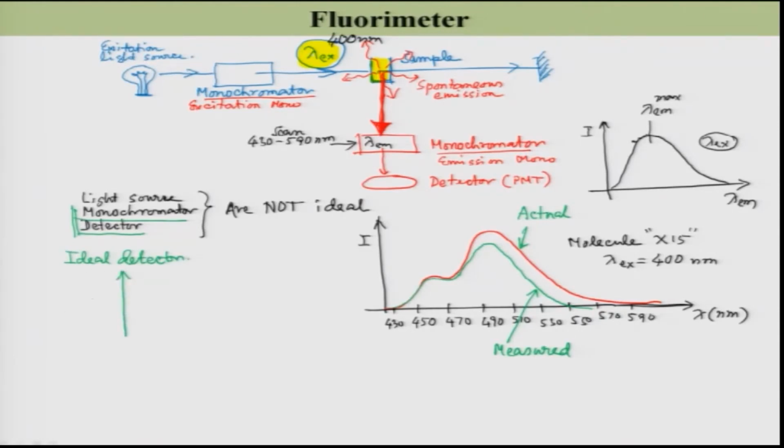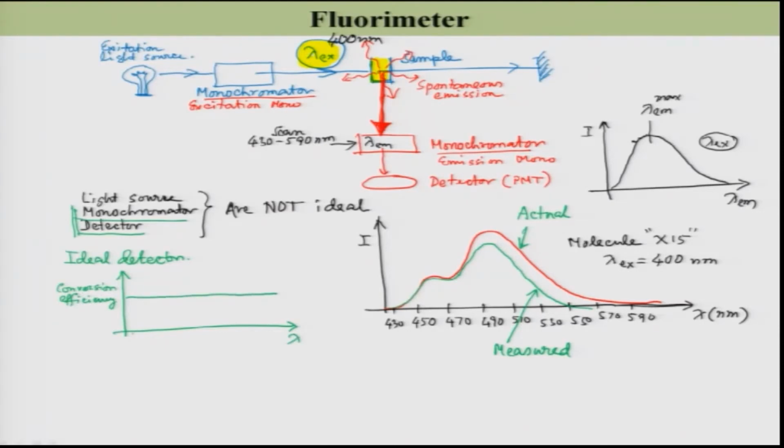the conversion, we generally call it conversion efficiency or quantum efficiency. So, that is just how efficiently the detector can detect. Let me write this: conversion efficiency versus wavelength, that should be a horizontal straight line, isn't it.